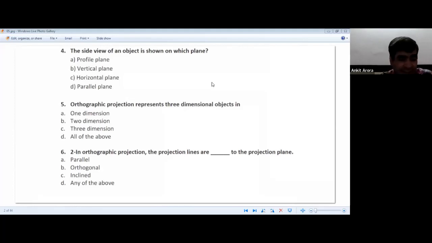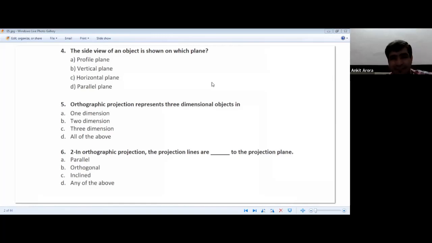So if you already have an option where the side view is mentioned, vertical plane, you don't have side view, you have your front view in that. And top view is for horizontal plane, right? So the two pending planes in this particular option are parallel plane or profile plane. So is there something called parallel plane? Yeah, see, there could be, but again, in this particular setup you could have imaginary planes.